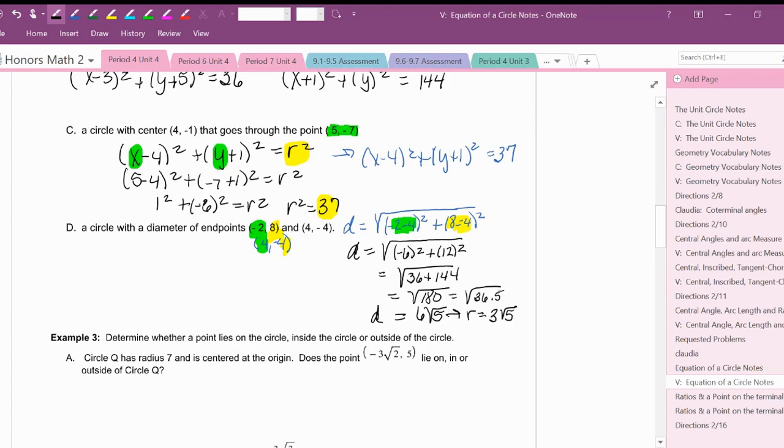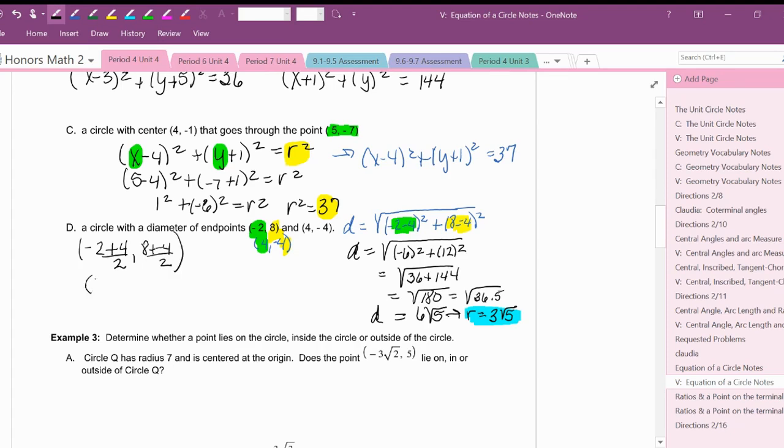All right, so we have at least the last part of our equation here. We can get our r squared. Now we need to find the center, which is the midpoint of a diameter. So here we take our 2 x coordinates and find their average, or the midpoint of the x coordinates and the midpoint of the y coordinates.